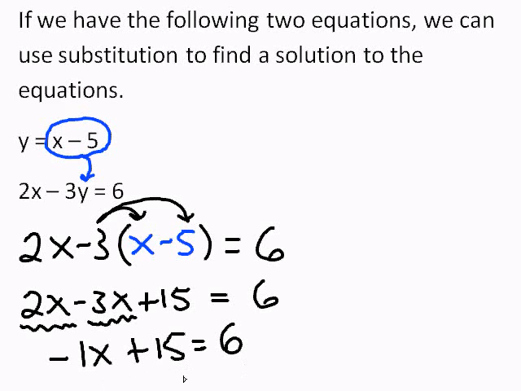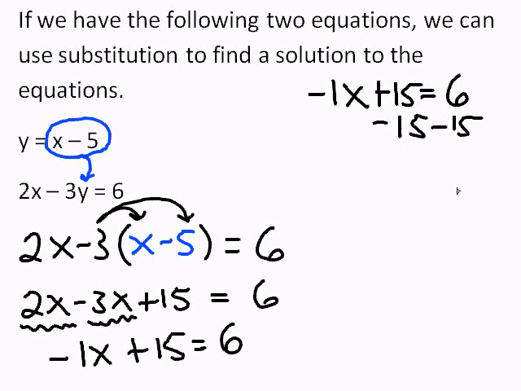I still need to get x by itself, so I can subtract 15 from both sides. We're going to rewrite the equation up here. Negative 1x plus 15 is equal to 6. So I subtract 15 from both sides, and I am left with negative 1x is equal to 6 minus 15, which is a negative 9.